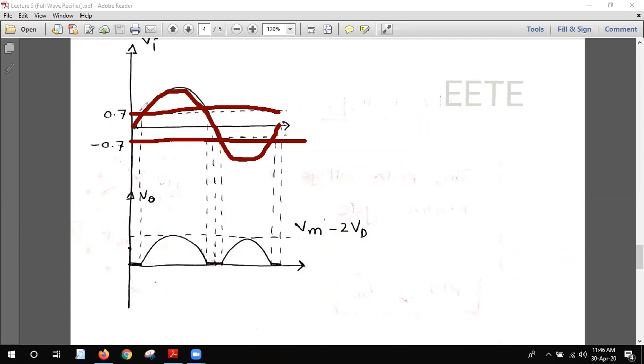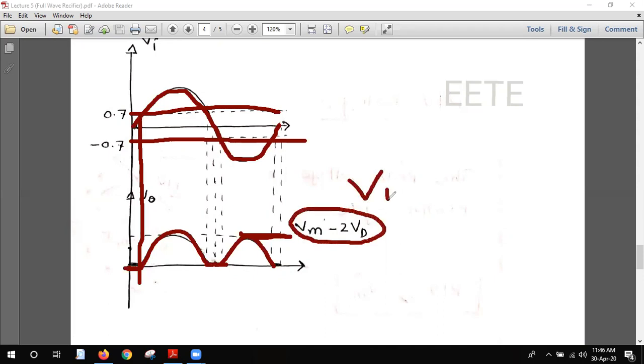Until this 0.7, there will be no conduction. After that there will be the voltage. Similarly, the middle one will also have no voltage, and after that there will be a voltage, and the peak voltage will be Vm minus 2Vd. In the ideal diode it was Vm, but for the silicon diode it is Vm minus 2Vd.